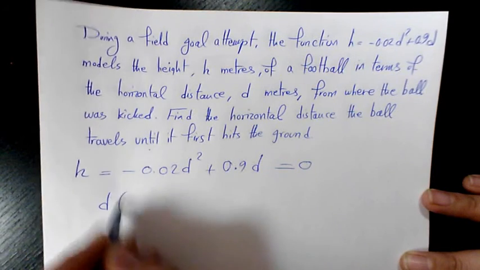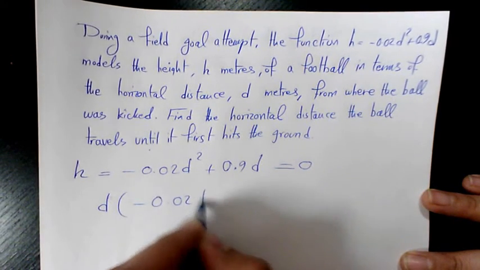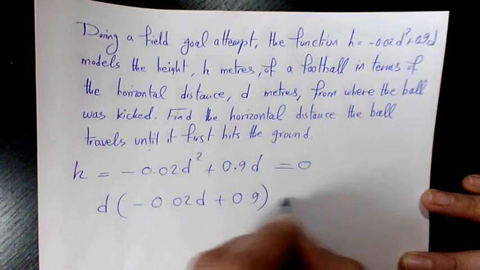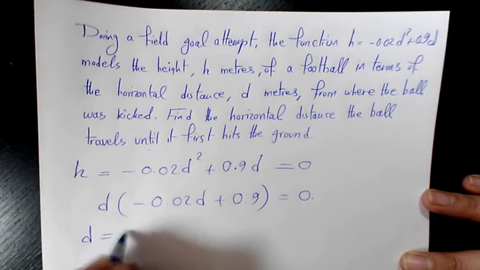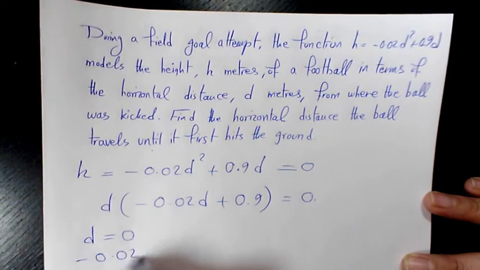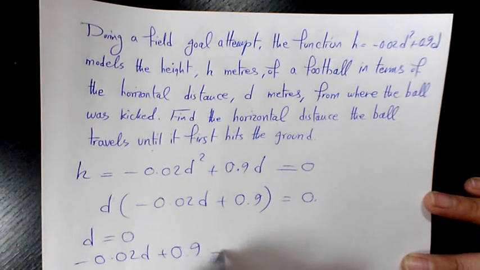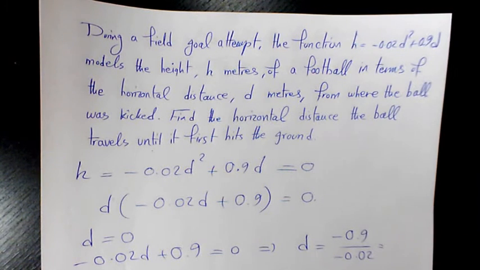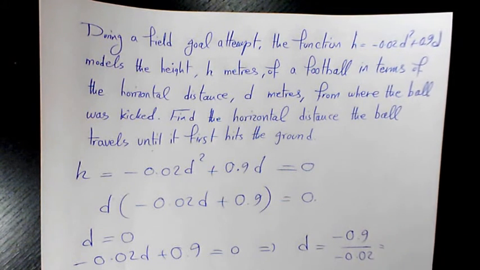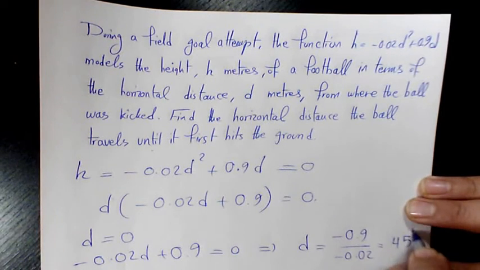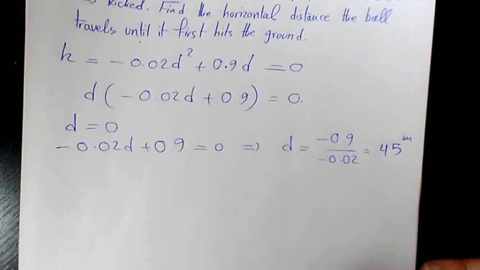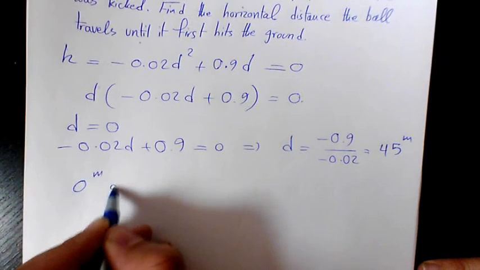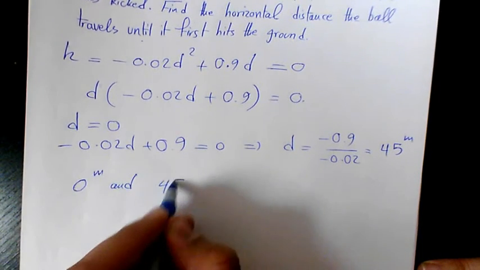It's going to be d times, d is going to be 0, and here negative 0.02 d plus 0.9 equals 0. So we have d equals negative 0.9 over negative 0.02. That's going to be 45 meters. So we have two answers, 0 meters and 45 meters.